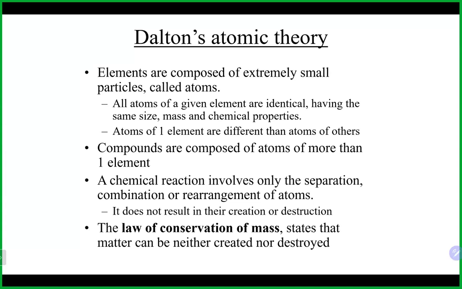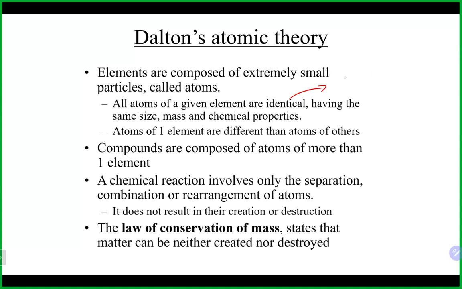Remember that one of the things that makes something a theory is the idea that it may not be correct in all aspects. So a theory is something that can be revisited, and some things about a theory may work and some things may not work. And again, that's different than a law, which always does the same thing over and over again. Now, for Dalton, this is one of those things that has later been found not to be correct.